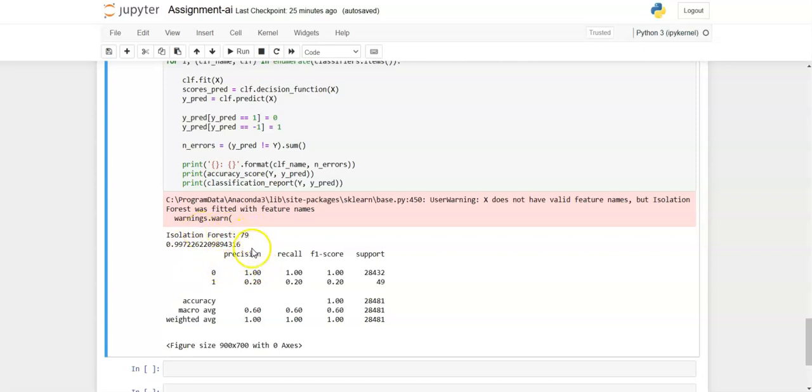On precision, you can see the precision is one on valid transactions, that is, all the valid transactions are being detected, and 20% of the fraudulent transactions are not being detected. That is what precision means.